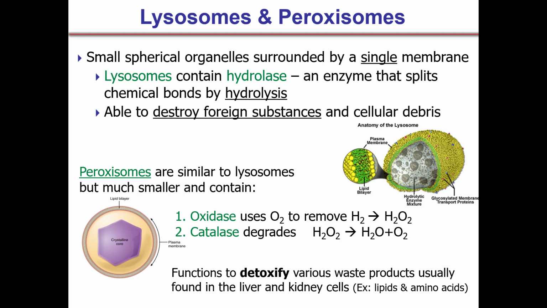So lysosomes contain hydrolase, so you can use the water to hydrolyze and split certain foreign invaders. Peroxisomes down here on the left has a purple crystalline core, and you really wouldn't be able to tell the difference between a lysosome and a peroxisome under the microscope. You would have to see what's inside, what substance they carry. So the enzymes oxidase and catalase, if you had microbiology, you probably tested your unknown bacteria for oxidase and catalase positive.